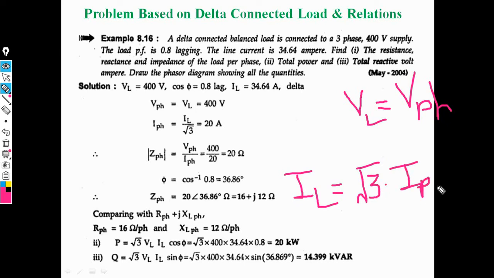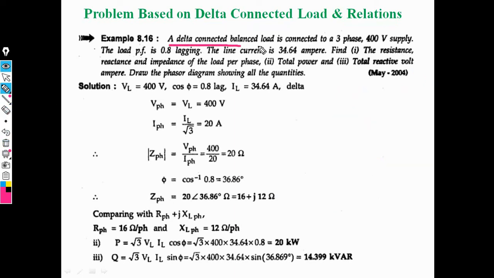These are the important formulas in a delta connected load. Now the problem is given here. A delta connected balanced load is connected. This is the diagram of the delta connected load.